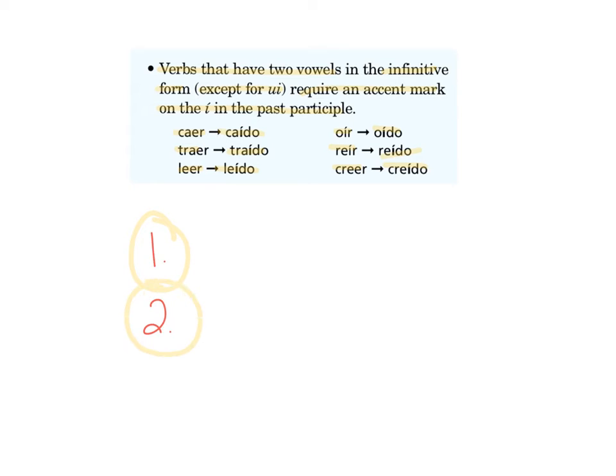Y número dos, I'd like you to do the participle of the verb sonreír. Sonreír spelled S-O-N-R-E-I-R. So what would the past participle be? You should have written down sonreído with an accent on the I again. And by the way, proveer means to provide, and sonreír means to smile.